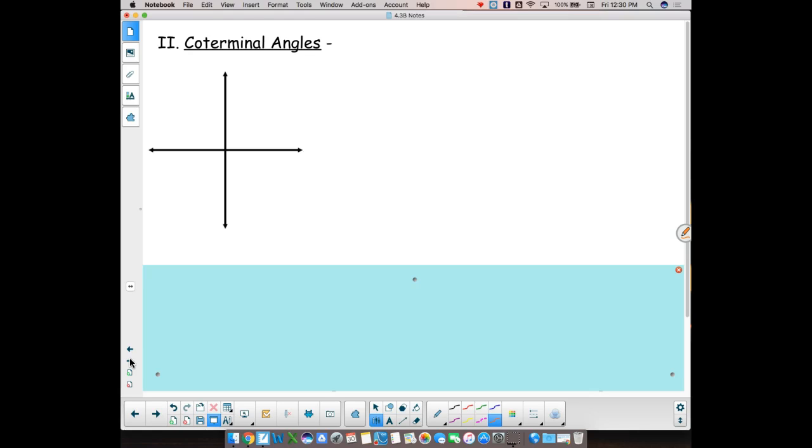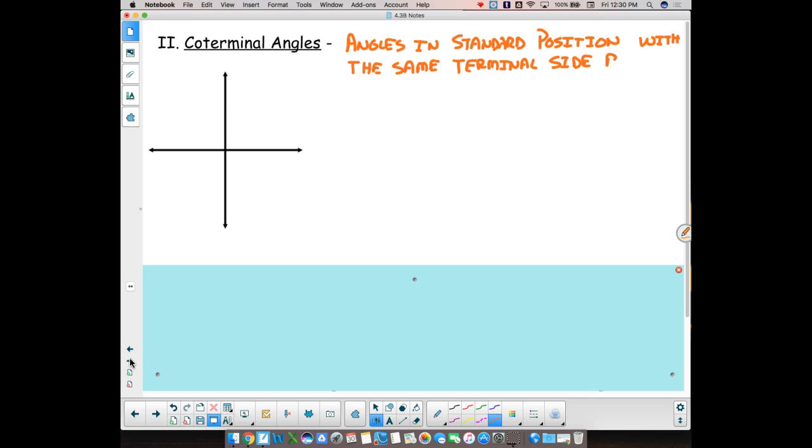Coterminal angles are angles in standard position with the same terminal side but different measures.